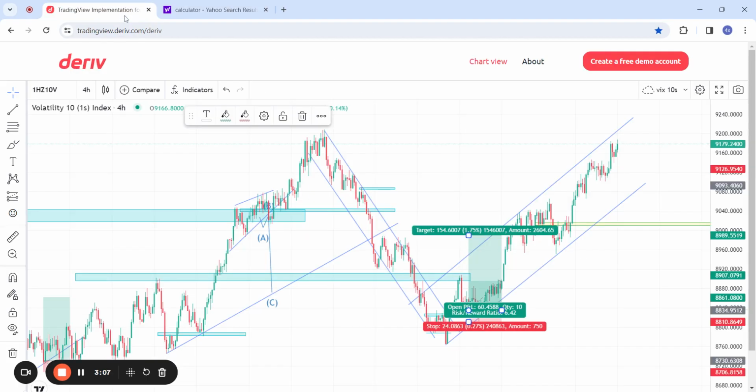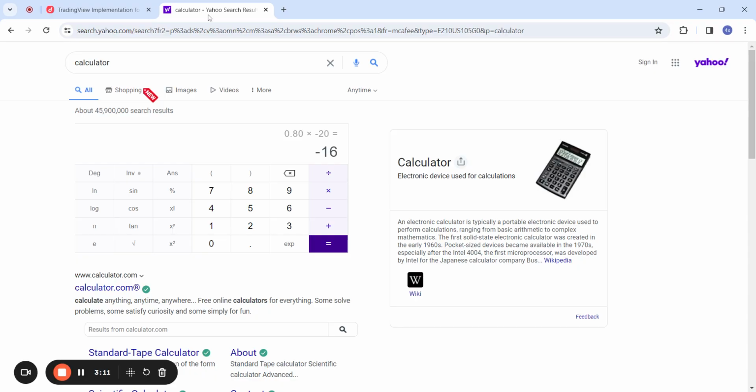Now say I enter again, stopped out the same 24 points. Now I lose a second trade, so I'm down negative 32. So 1 trade with a 1 to 2 risk to reward ratio would probably bring me back to break even, and then the other trade would bring me in profit.